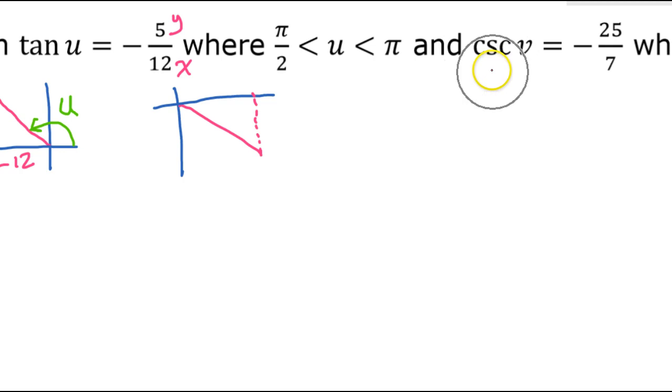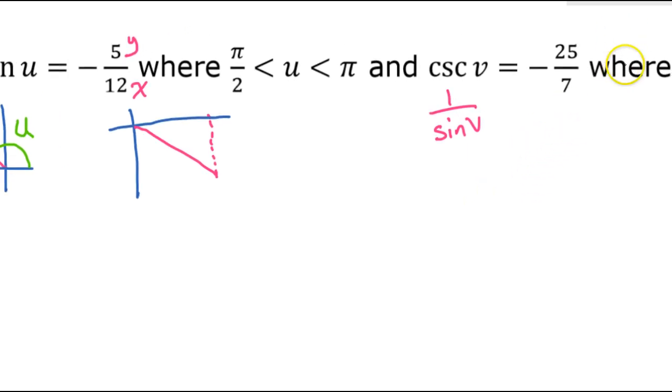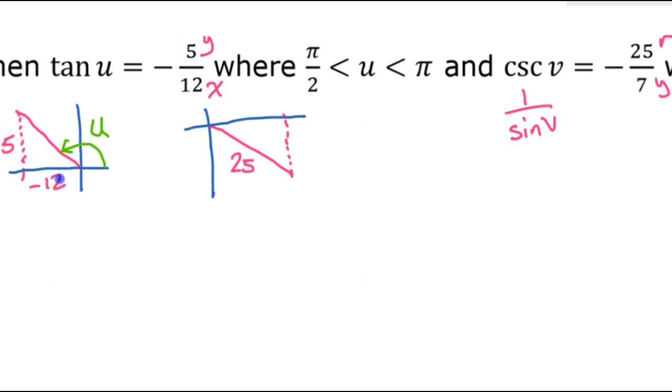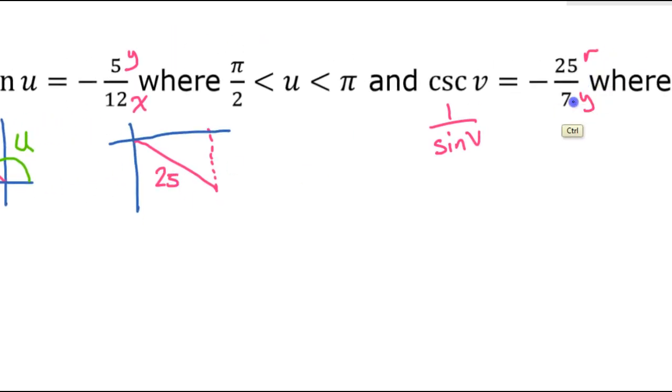Cosecant is the reciprocal of the sine function. So, remembering that sine is y over r, cosecant must be r over y. The reciprocal of the sine function. So that tells me that 25 is the radius. Oh, you know what? I never found the radius back there. I'll go back to that in a minute. And the y value must be negative 7. We know it has to be negative because it's down.